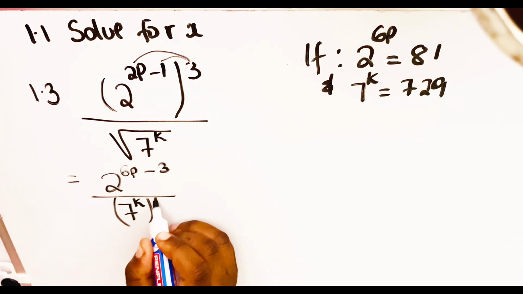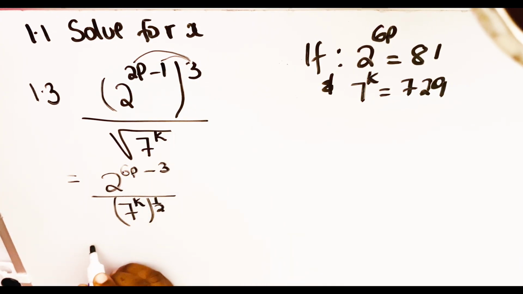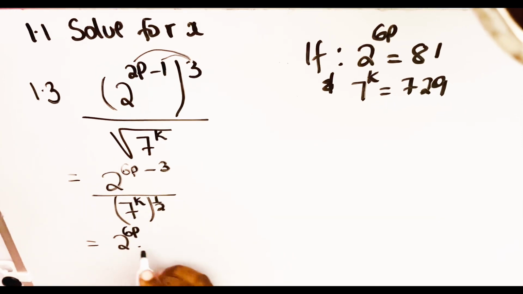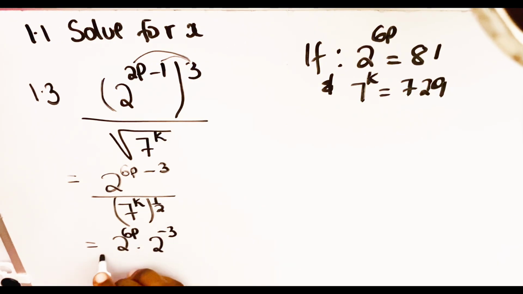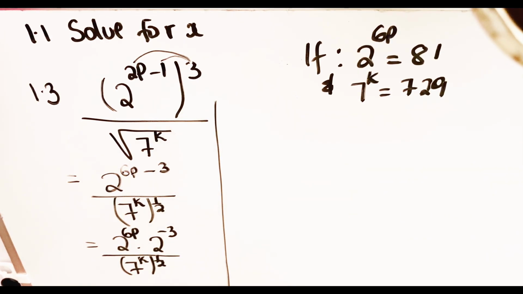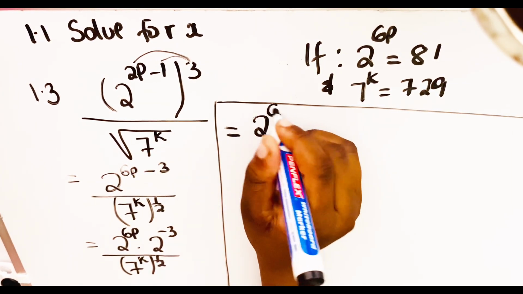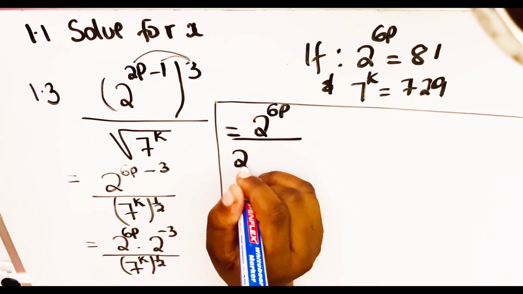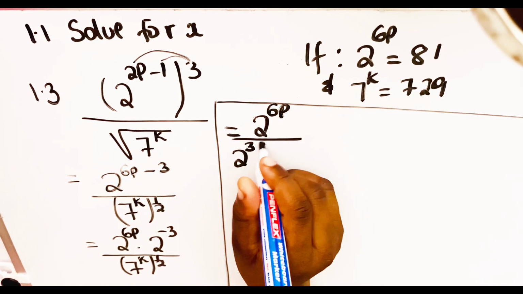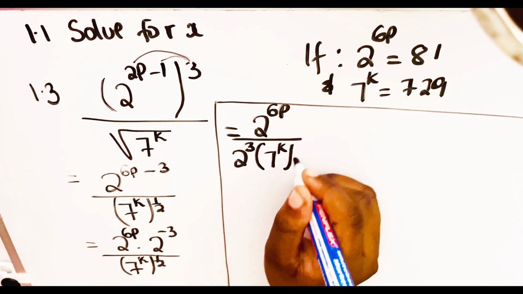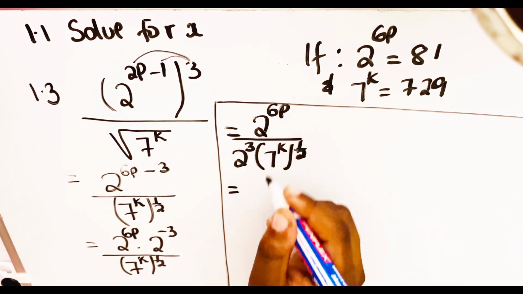Then we split here: 2 exponent 6p times 2 exponent negative 3, over 7 exponent k, all exponent 1 over 2. Take the 2 exponent negative 3 to the denominator. So it's 2 exponent 6p over 2 exponent positive 3, then 7 exponent k, all exponent 1 over 2.